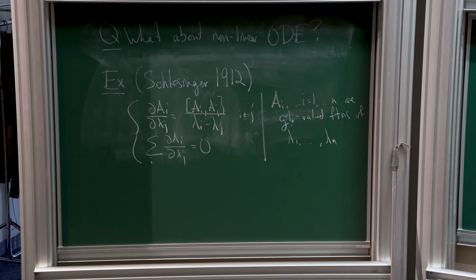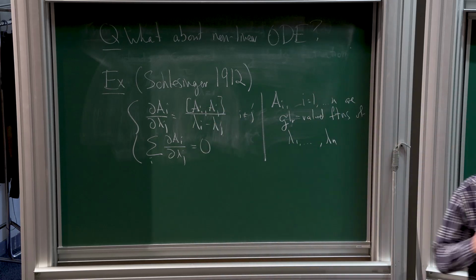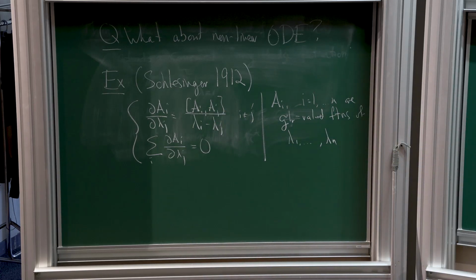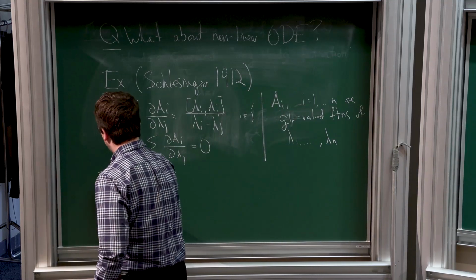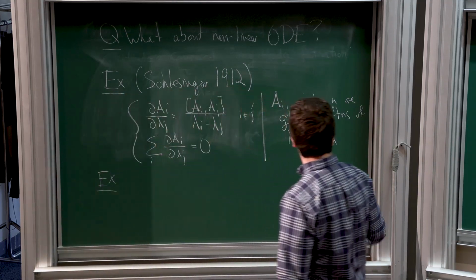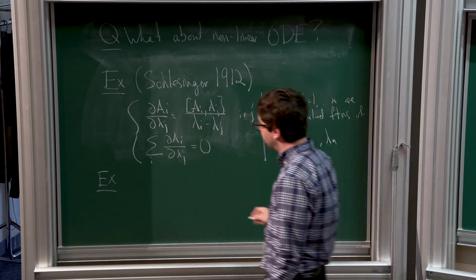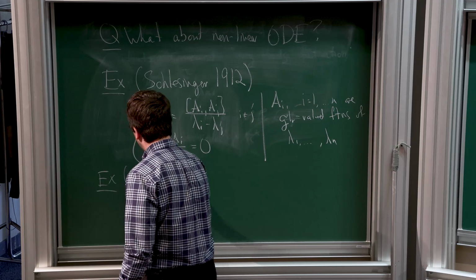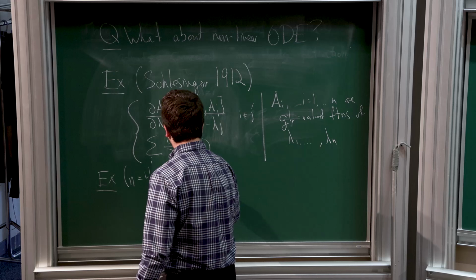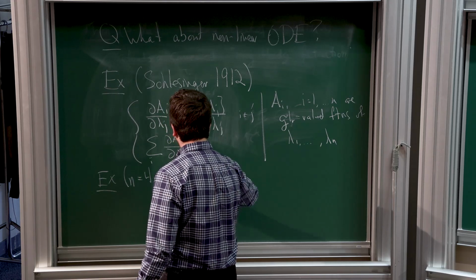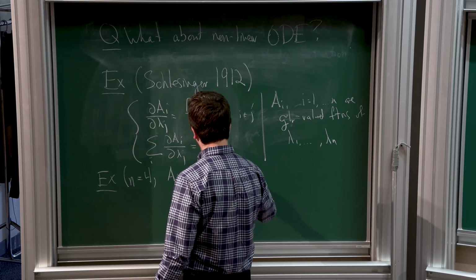Okay, so this is some example of a pretty nonlinear ODE. It's nonlinear because of this commutator here. And I'll explain where this comes from soon. Maybe if you haven't seen this, let me just remark that there are some parameters here, so n and r, the size of your matrices and so on. So if n is 4 and the A_i are instead of GL_r valued, they're SL_2 valued, that's a special case.